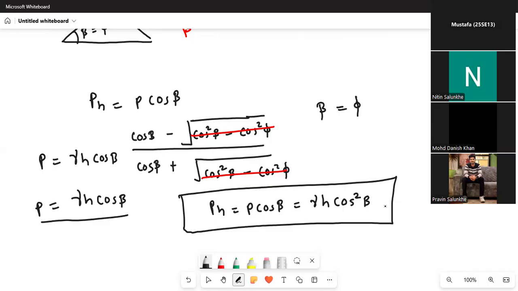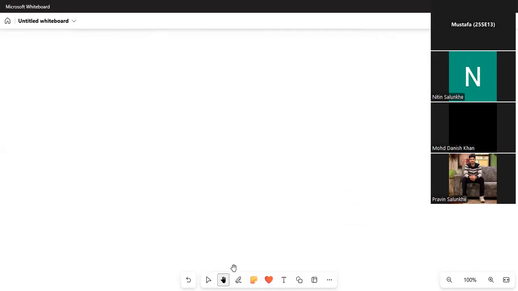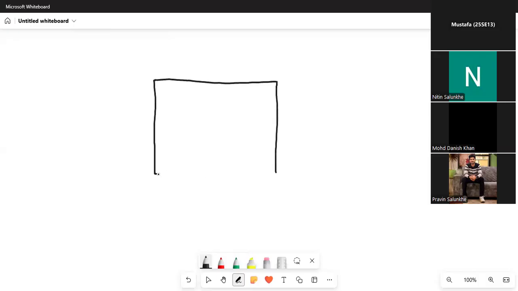Okay, so we are dealing with the rectangular bunker. Rectangular bunker, if you see from the plan, it will be like this. Rectangular bunker or square bunker, whatever. And pH is acting like this.